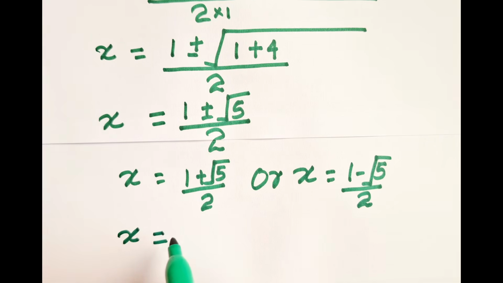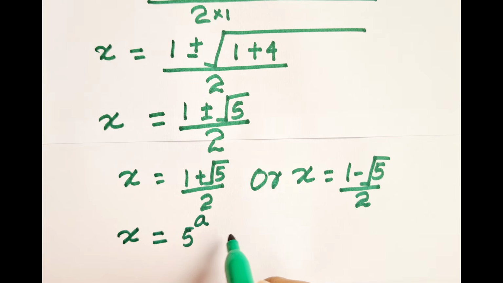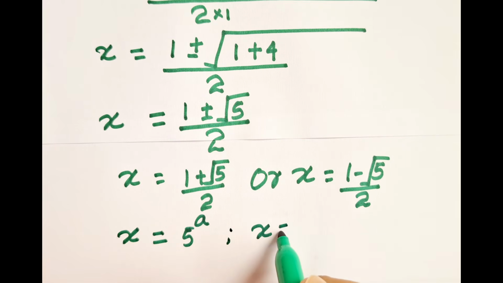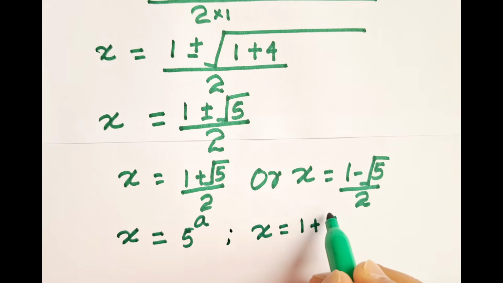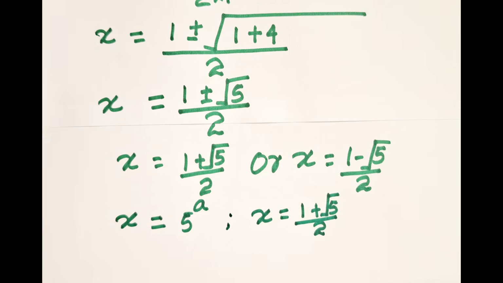Now we know that our initial substitution is x equal to 5 to the power a. I am going to consider the positive value for x in the first case, which is x equals 1 plus square root of 5 divided by 2.